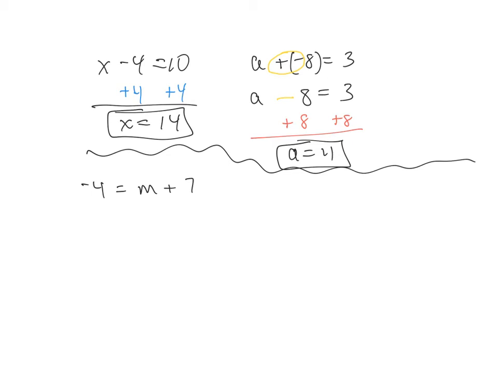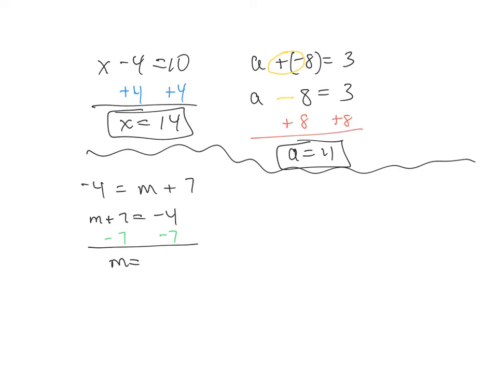So you can switch the sides if you want to. There's no rule or mathematical reason why you can't. If that just visually looks better for you, you don't have to, but that's addition, so I'm going to subtract.